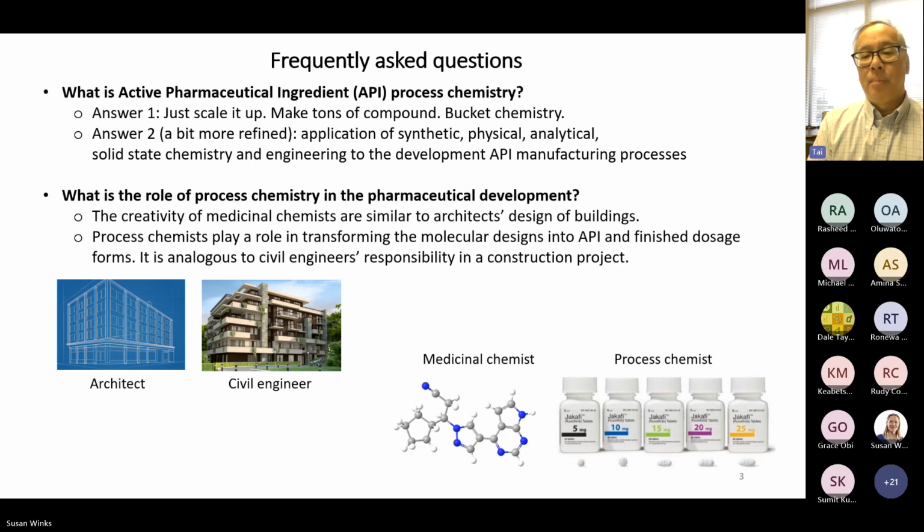For medicinal chemists, it's very similar: chemistry and biology knowledge put into the design of a drug as a molecule. The process chemist has a supporting role to transform these designs into active pharmaceutical ingredient. API eventually goes to finished dosage form that will help patients in need. So the process chemist's job is fairly analogous to a civil engineer's job at the building site. Next, please.